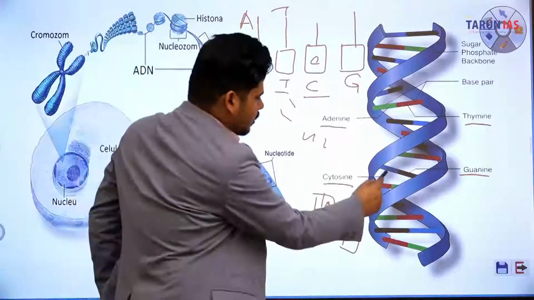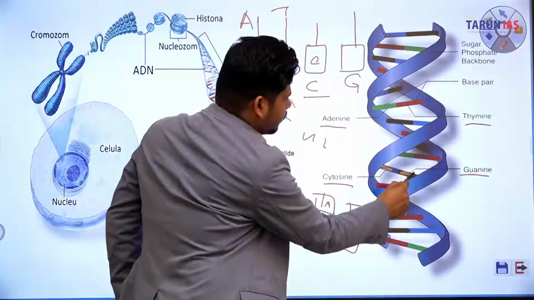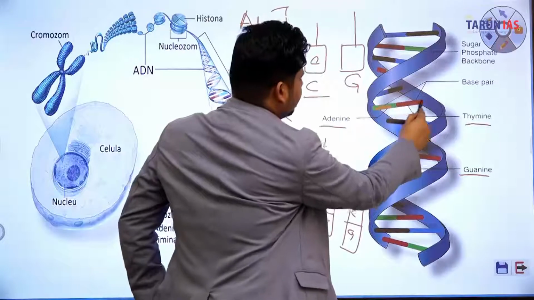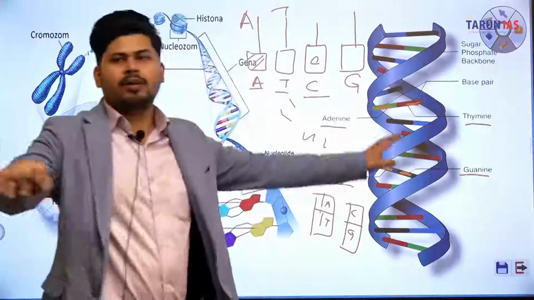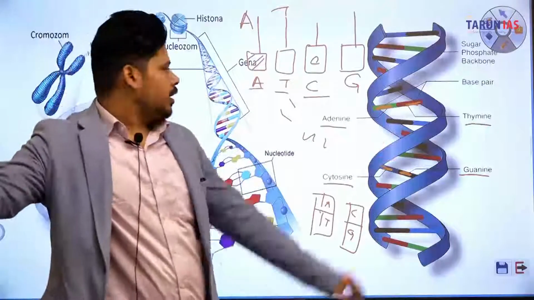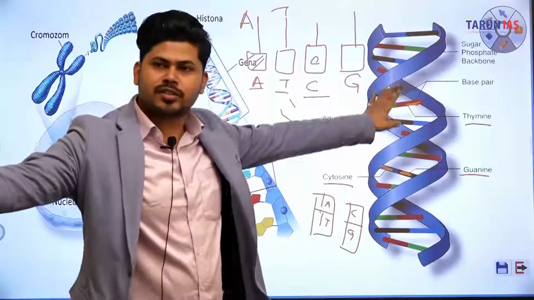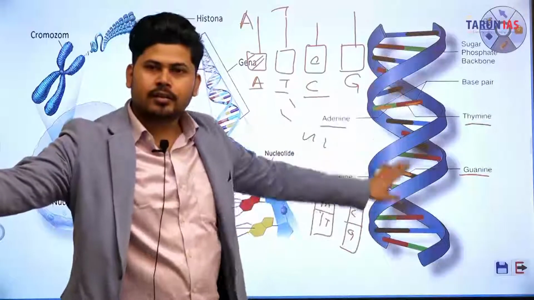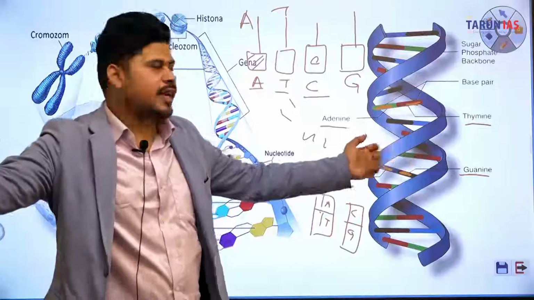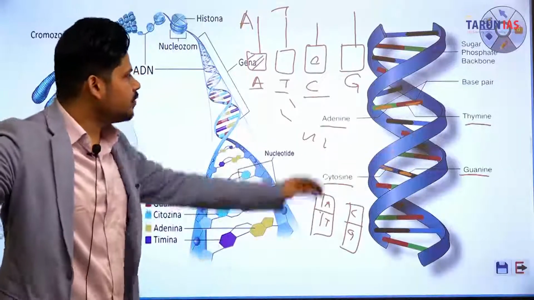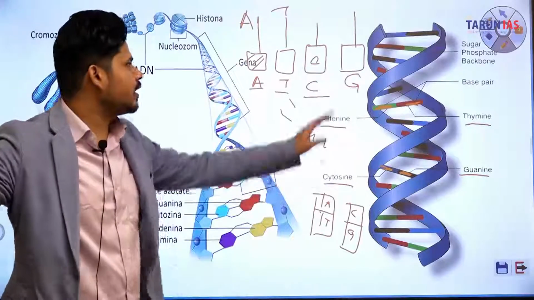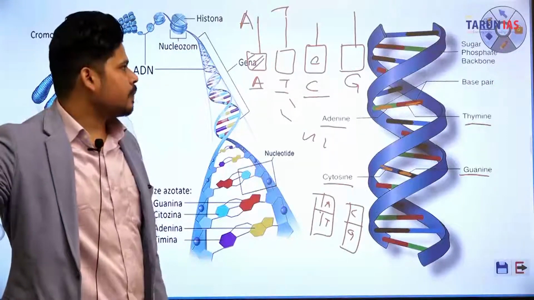Now you can see cytosine, guanine, similarly adenine and thymine. These are called base pairs because this is the base on which this double helix strand is able to stand up, या इसकी वजह से ये ऐसा डबल हेलिकल स्ट्रक्चर स्टैंड कर सकता है.